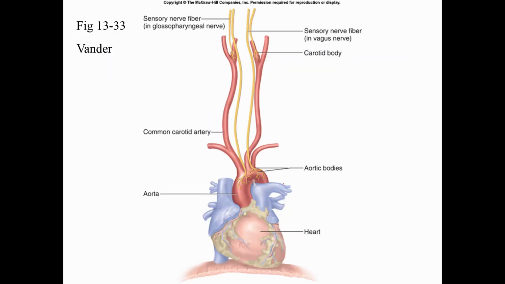So what in the heck is going on with these peripheral chemoreceptors? Remember, in the carotid body we have some baroreceptors. We also have chemoreceptors in the carotid body and in the aortic arch. They sense arterial blood, and they're going to sense PCO2. They're going to sense pH.